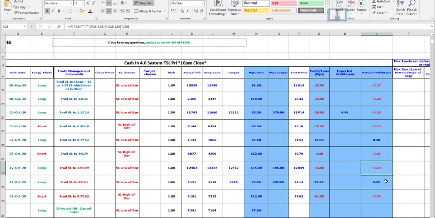In terms of percentage, that was about 0.32 and 0.10. That's about 0.22% is what we achieved there. Okay, so in terms of TSL primary, that's what we got.